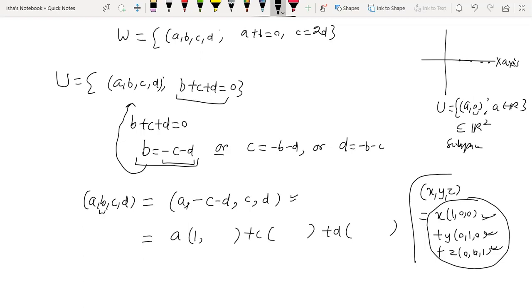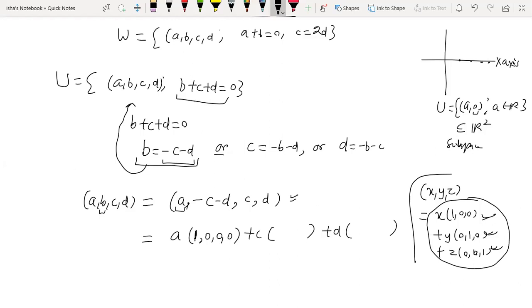So I will write (1, 0, 0, 0), because a appears only in the first coordinate. In the second, third and fourth coordinates there is no a. So at the first place I have kept 1, the rest all 0, multiplied with a.